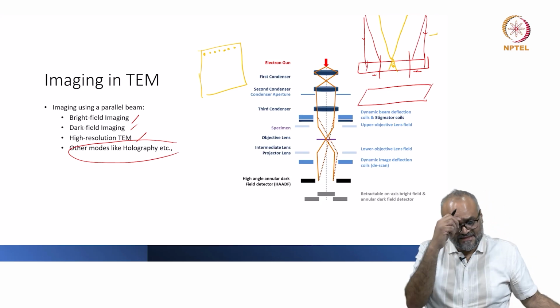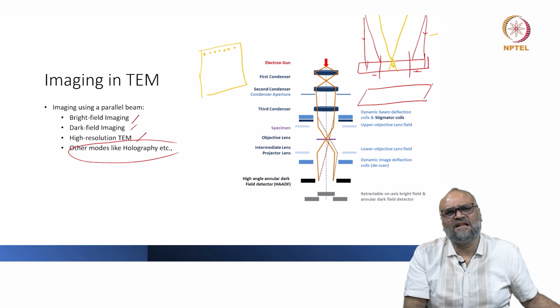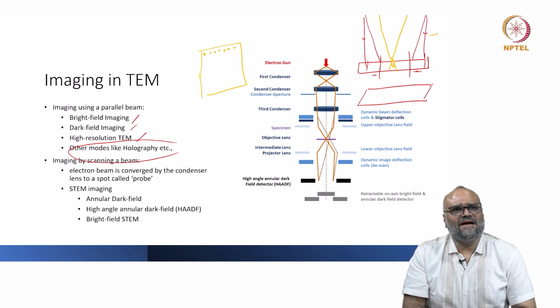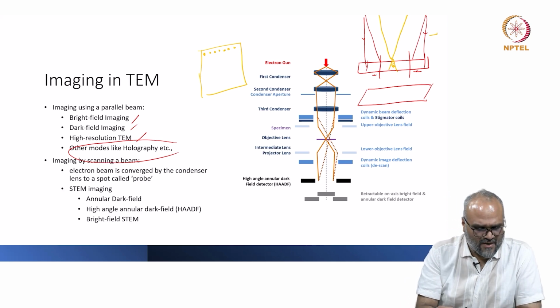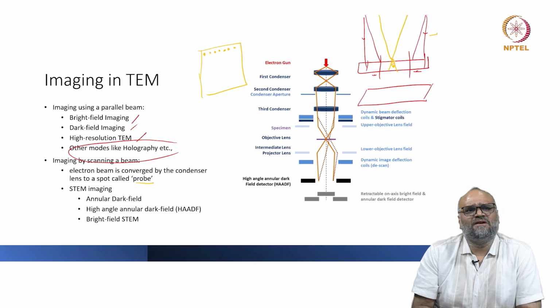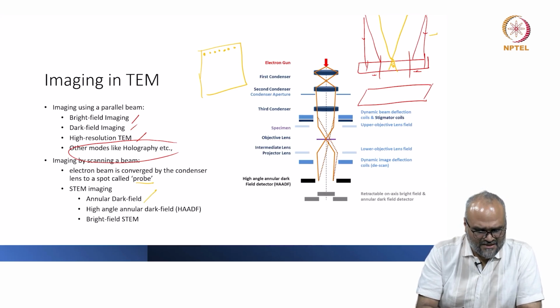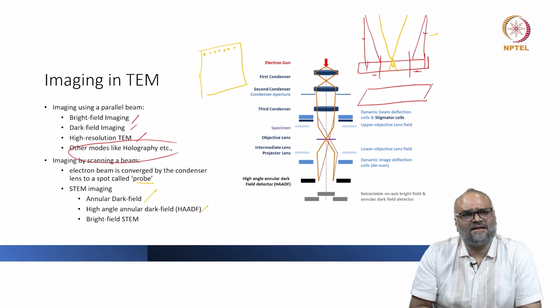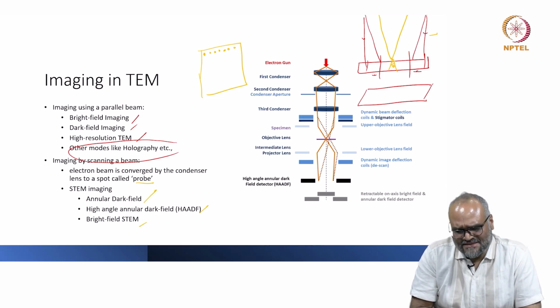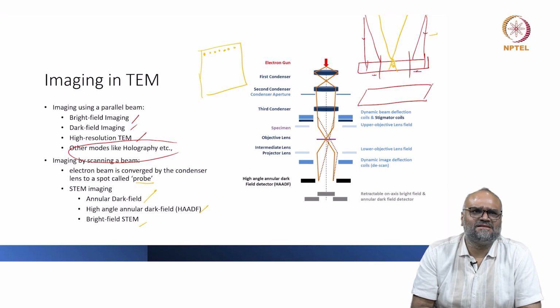This is called scanning transmission electron microscopy. And once you form a probe, you have different modes called annular dark field, high angle annular dark field, bright field STEM, and there are a few more advanced methodologies called differential phase contrast imaging in STEM or 4D STEM.